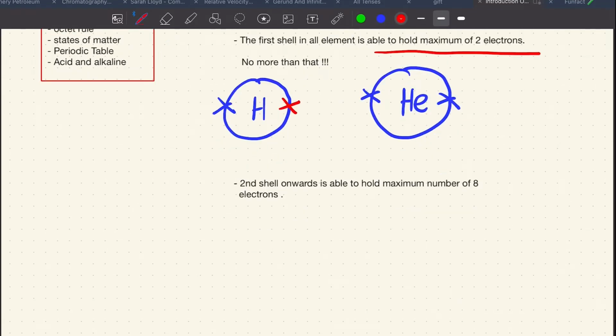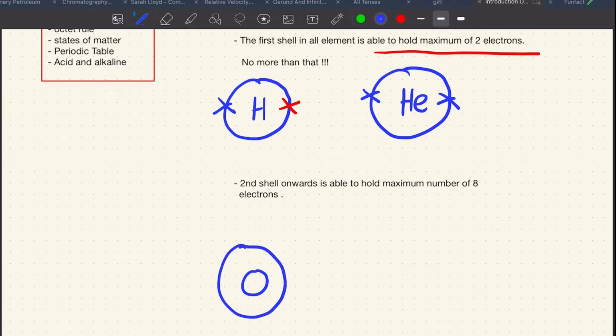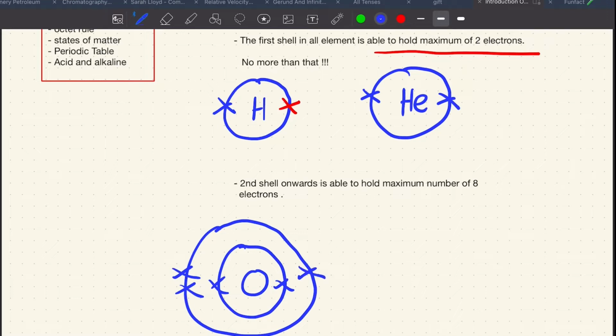For the next one, the second shell onwards is able to hold a maximum of 8 electrons. So for example, oxygen atom. Oxygen has 8 electrons: 1, 2, 3, 4, 5, 6, 7, 8.